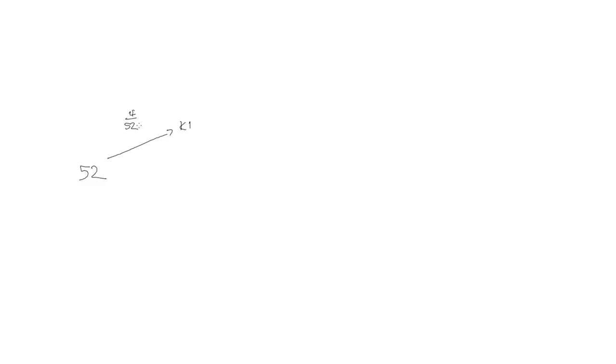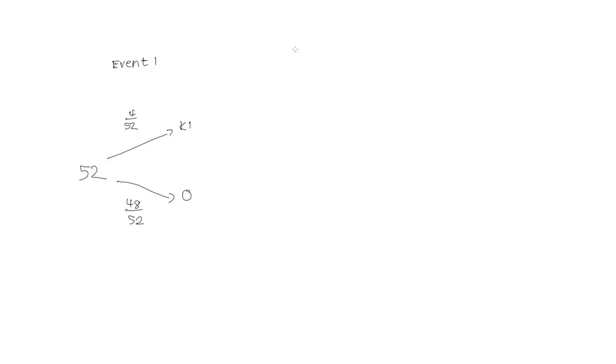We have 48 cards remaining after we have excluded the kings from the deck. Therefore, the probability of obtaining or drawing any other card besides a king is 48 over 52. Now this is the first event, which is drawing the first card from the deck.